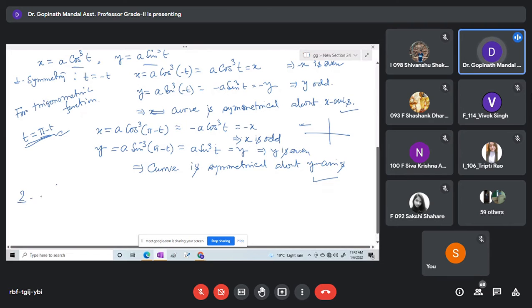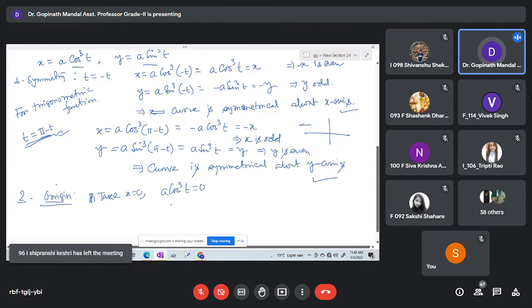The second point is to find whether it passes through the origin. First just take x equal to 0. So a cos cube t is equal to 0. That means cos cube t equal to 0, and t equal to pi by 2.